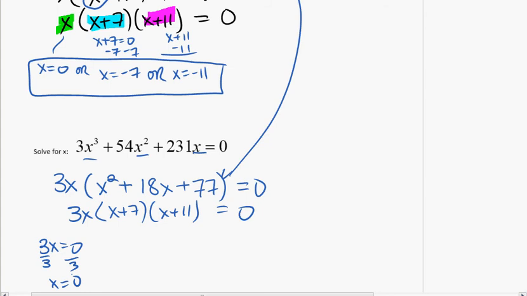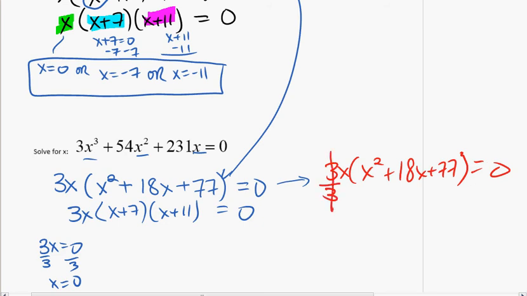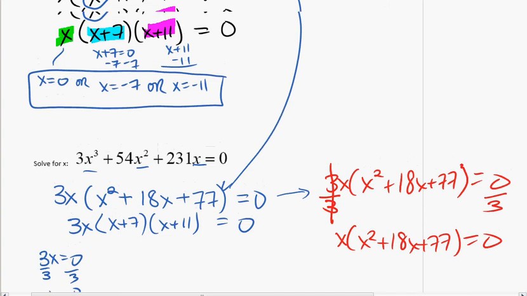Another way to think of this is I could have just divided both sides. Let me do that over here in red. 3x times x squared plus 18x plus 77 equals 0. I could have divided both sides by 3. And I would have gotten x times x squared plus 18x plus 77 equals 0, which is exactly, literally exactly the same problem as I had above, right here.